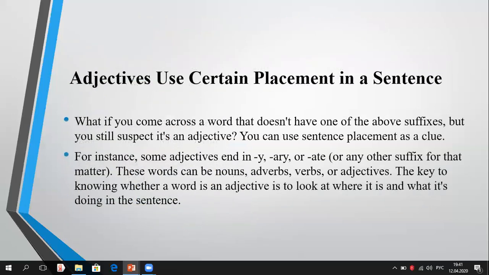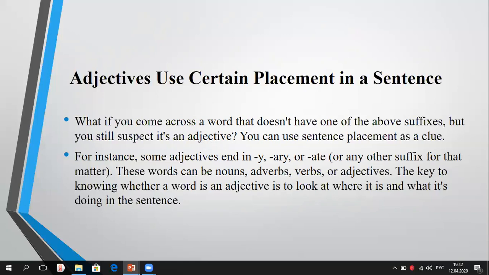The next one. Adjectives use certain placement in a sentence. What if you come across a word that doesn't have one of the above suffixes, but you still suspect it's an adjective? You can use sentence placement as a clue. For instance, some adjectives end in y or ful, ever or eight, or any other suffix for that matter.